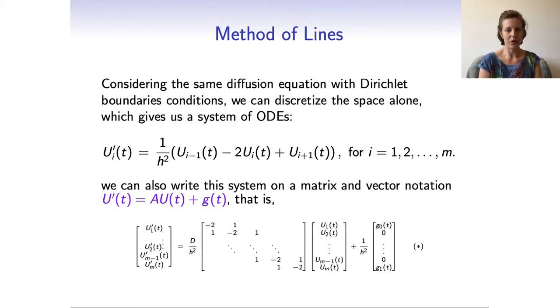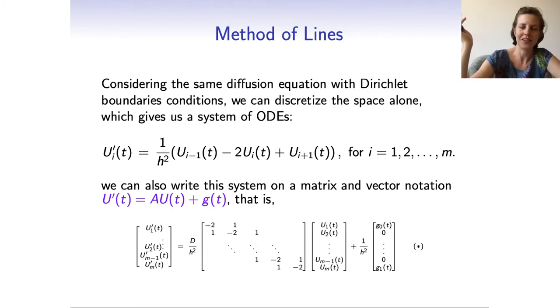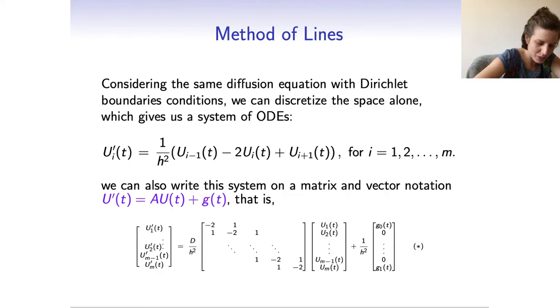In the method of lines, we transform our original initial value and boundary problem, our PDE with the boundary conditions and initial conditions, which originally are like this.